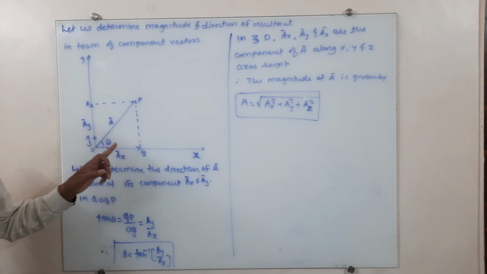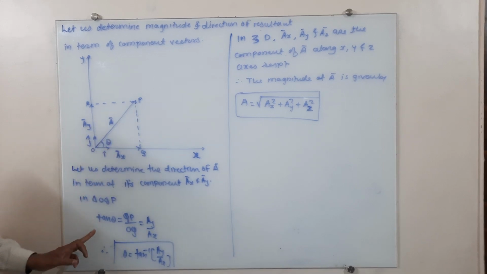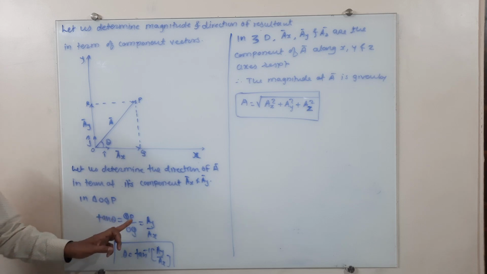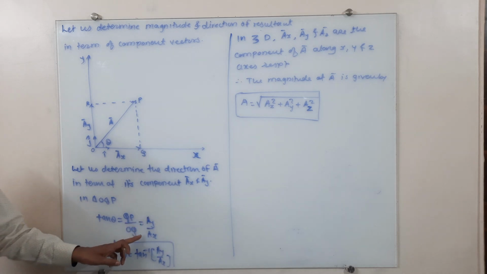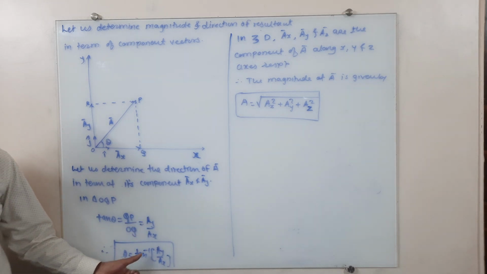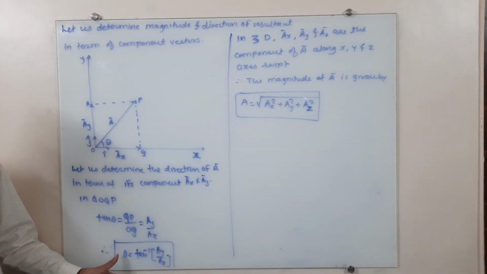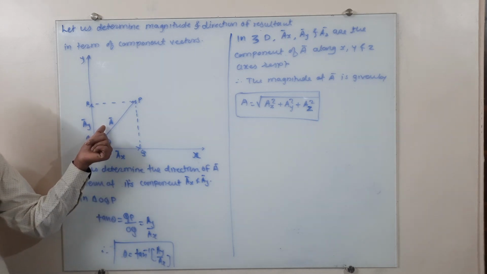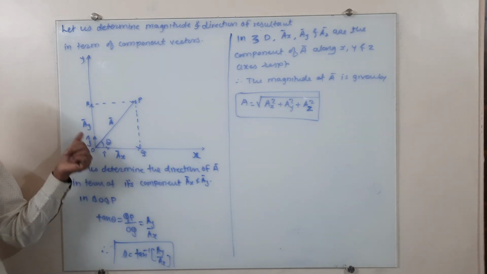Listen here, once again I told you that the direction of A bar is determined by using angle theta in triangle OQP. Tan theta is equal to QP upon OQ, which is equal to AY upon AX. Theta is equal to tan inverse AY upon AX. This theta represents the direction of the resultant vector A bar in terms of their components AX and AY.